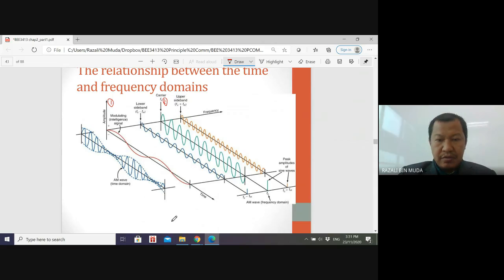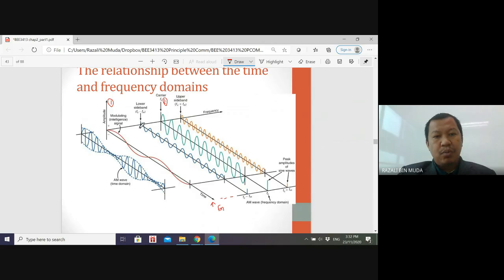So in terms of frequency, if you make the scale, at the lower part of the frequency axis you have the modulating signal, the frequency of the modulating signal here, fm.